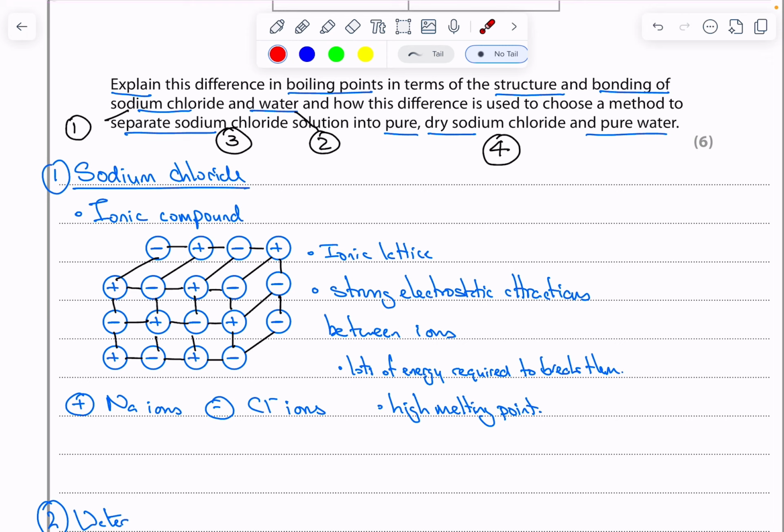I've then said that there are strong electrostatic attractions holding the ions together, holding the structure together. And therefore, because this is strong, it requires lots of energy to break them, and therefore the melting point is very high. So I feel I've got everything that explains that first bit.